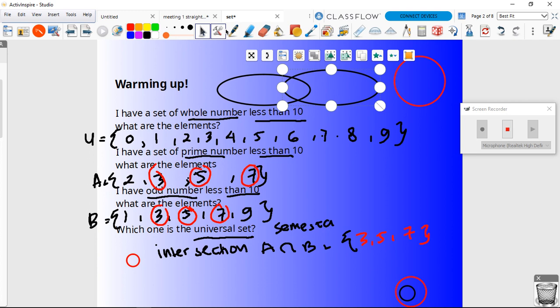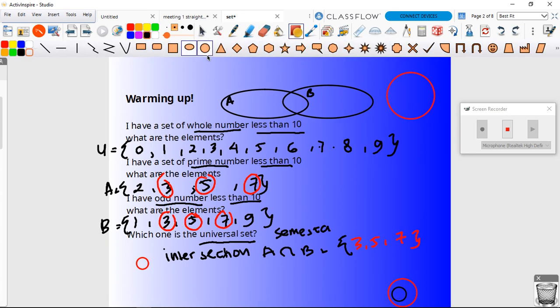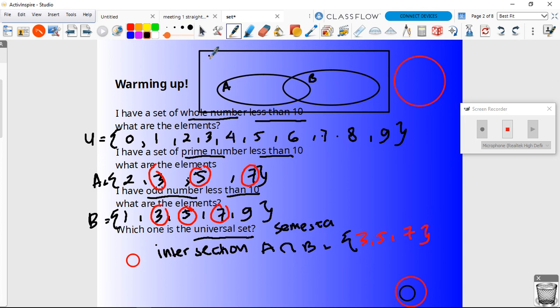Okay. And then this one for A, and then this one for B. And then how about the universal set? It will be a rectangle around it. So that is for the universal set.